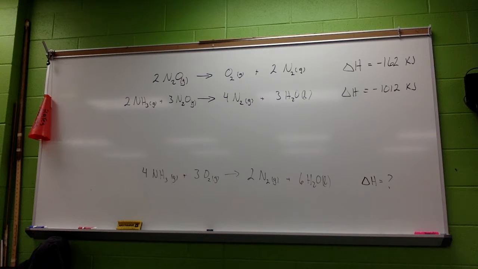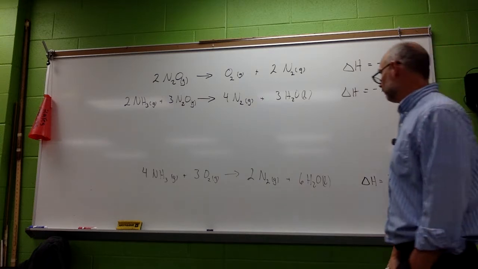So what we're going to do is use the two reactions I've provided up here, manipulate those in such a way that they add up to that final reaction, and then adjust the enthalpies accordingly. A process you've kind of done before with the electrochemistry stuff.